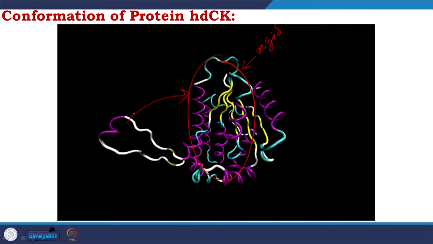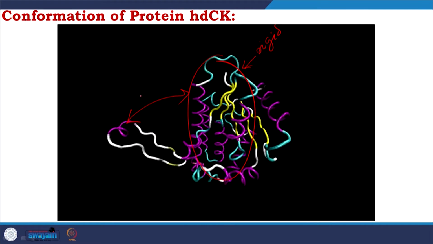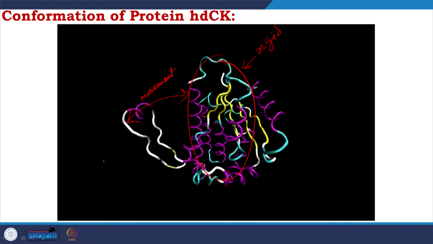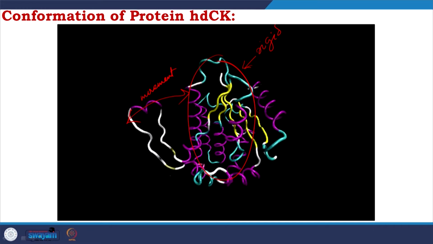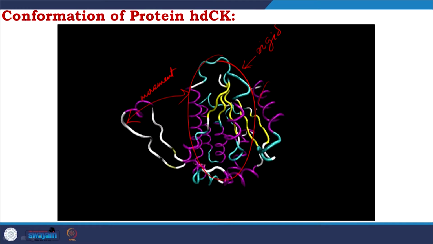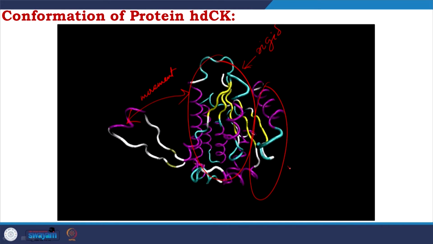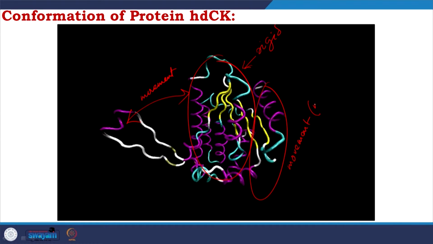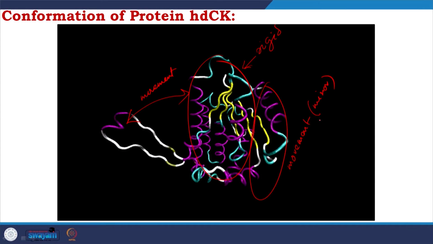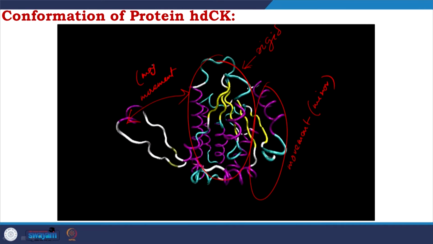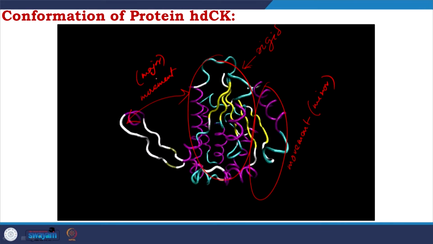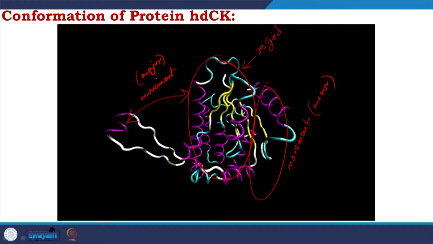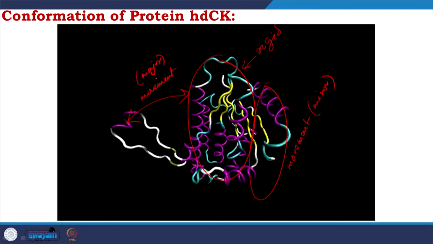There is a big movement of this loop, and this part also has movement. So, this is minor movement, this is major movement. How was this information helpful in my research?